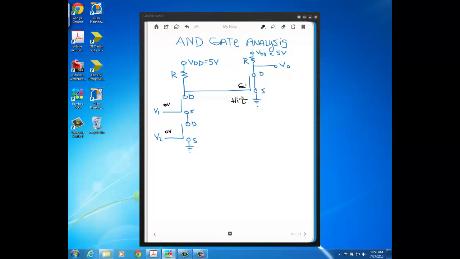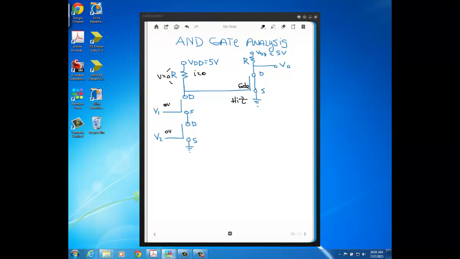This is the gate. Because of that high impedance, no current is going to flow this path either. So that means you have 0 current through this resistor, which means the voltage across it is also going to be 0.